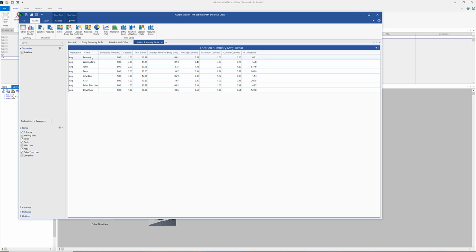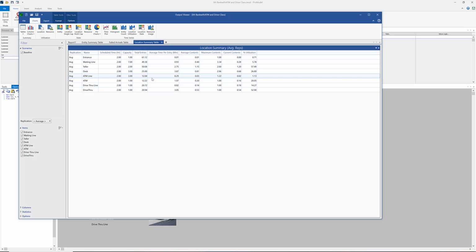That's our entrance and the waiting line. You have how many customers are coming in, and average time per entry, 0.93 minutes. So the statistics look good with two clerks. It's not too bad. Then the teller location, total number of entries, average time per entry.